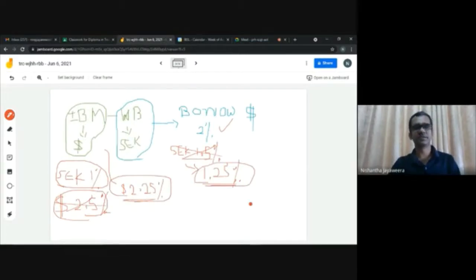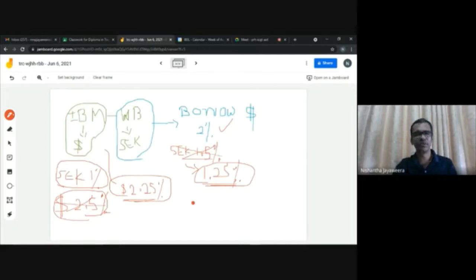That's what happens in the cross-currency swap. Again, in this example, these are fixed. But even if you go for fixed-floating or floating, that comparative advantage will be reflected in the margin. Why would World Bank like to borrow floating rate? Assuming the interest rate in the future will go down, they have to pay the Swedish krona floating rate plus a margin.